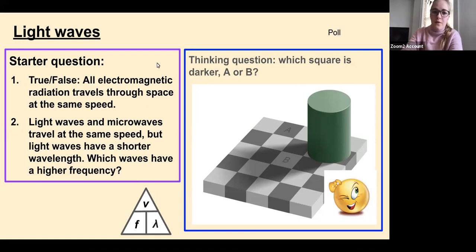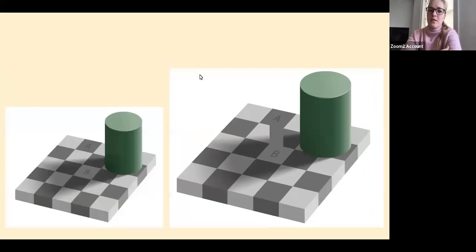For our thinking question, this is actually an optical illusion. We're talking about light waves today, so I thought it might be fitting to do an optical illusion for our starter question. The question was, which of these two squares is darker, A or B? They're actually the same color, which is a little funny because it looks like A is a lot darker than B, but that's just because of the context of the squares.